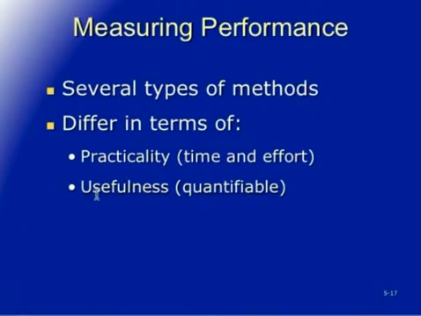Okay, and as you would think, different methods, whether they be in the umbrella of comparative systems or absolute systems, have different situations in which they should be used. So some situations might call for a certain type of comparative system, some situations might call for a certain type of absolute system. Okay.